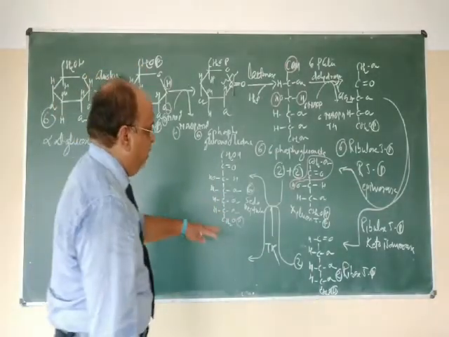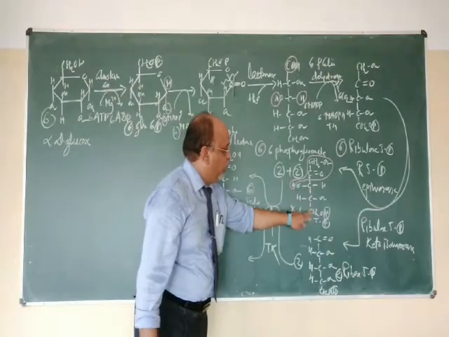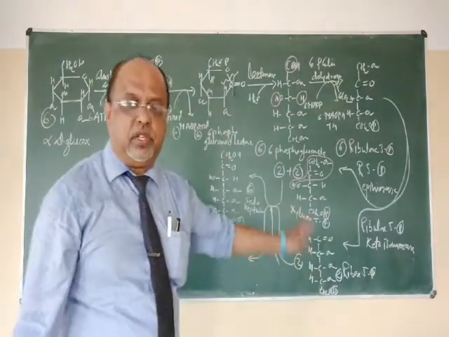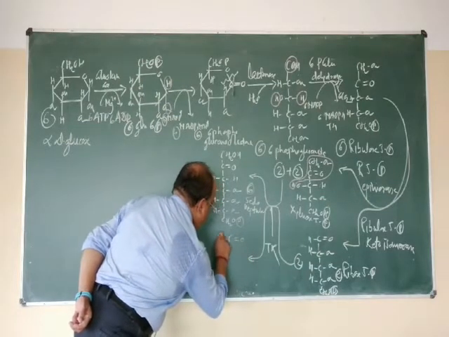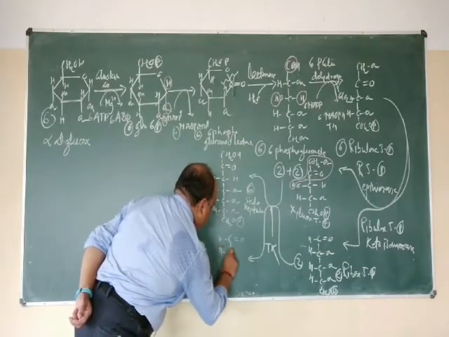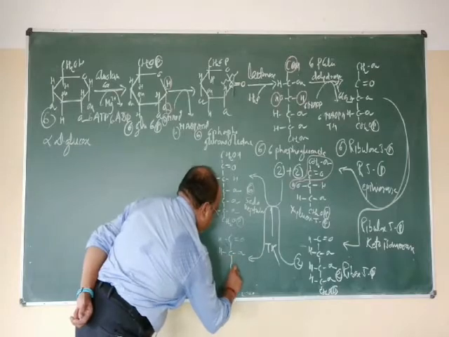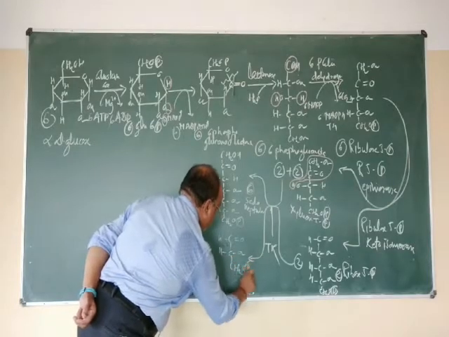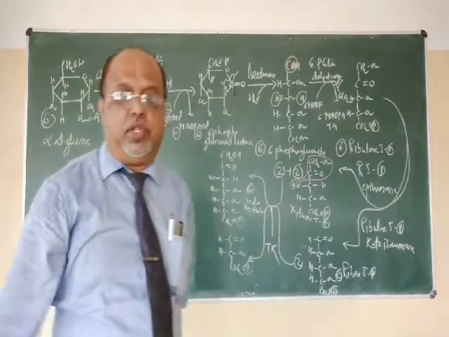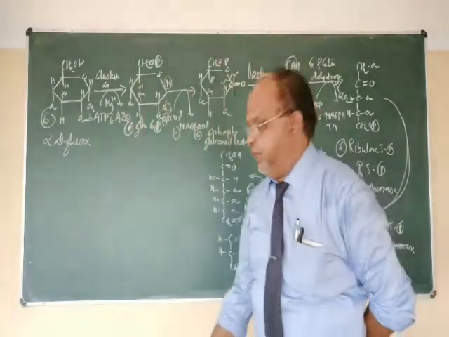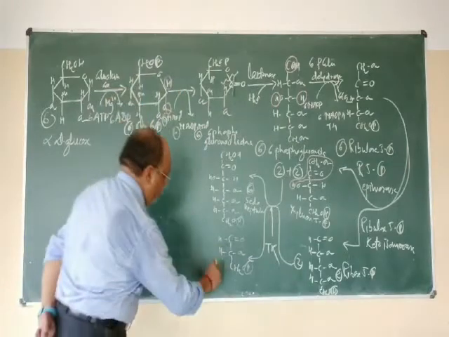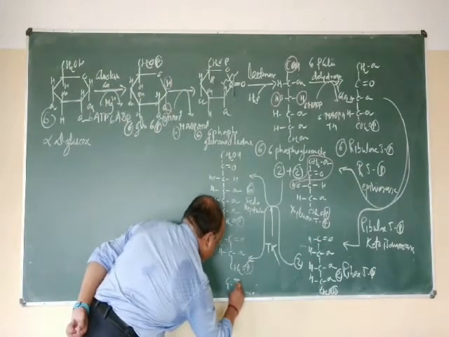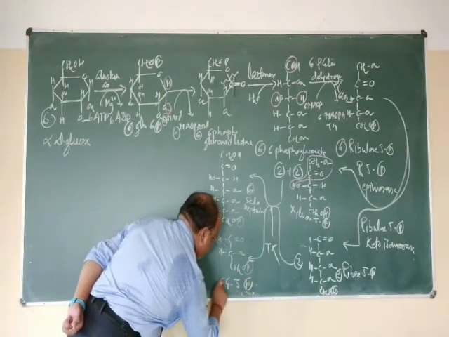Okay, and the remaining 1, 2, 3 means the remaining structure remains. That is what? C double bond O, H, COH, and CH2OP. This is a very familiar structure. Who has studied glycolysis and other pathways? So that is what? Glyceraldehyde 3-phosphate, 2 molecules.